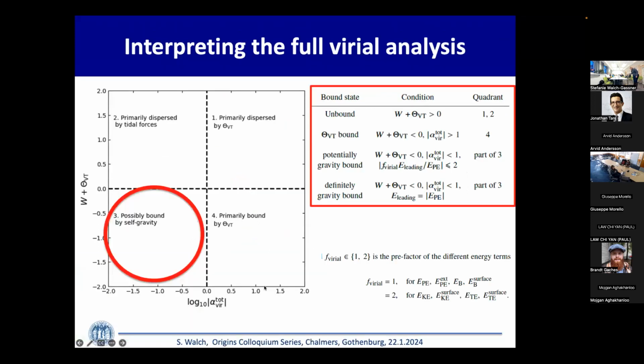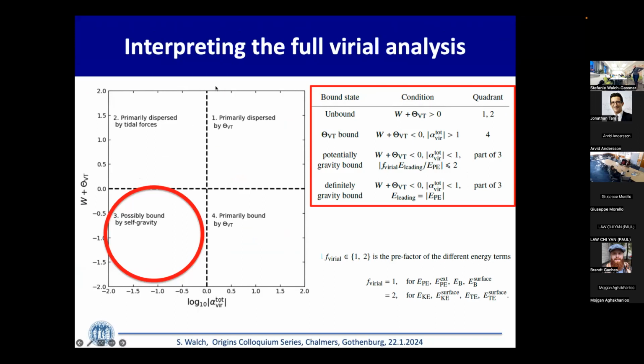I will skip this. So now let's put this onto some diagram, which relates the sum of potential and volume plus surface terms on the y-axis to the ratio of these terms on the x-axis. This has been introduced in a paper by Sami Dip, actually.